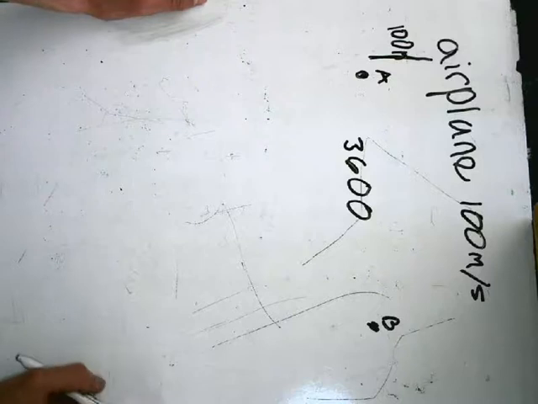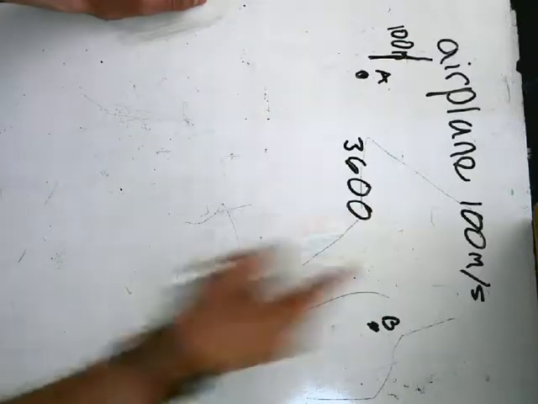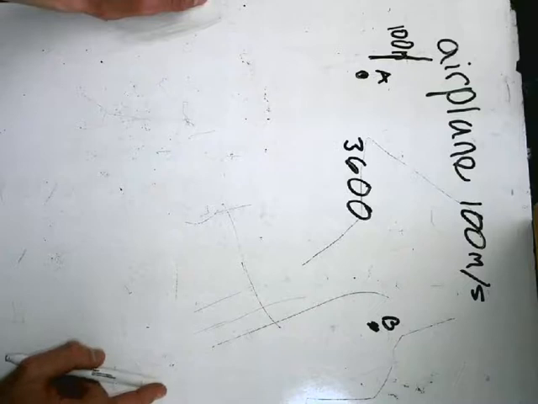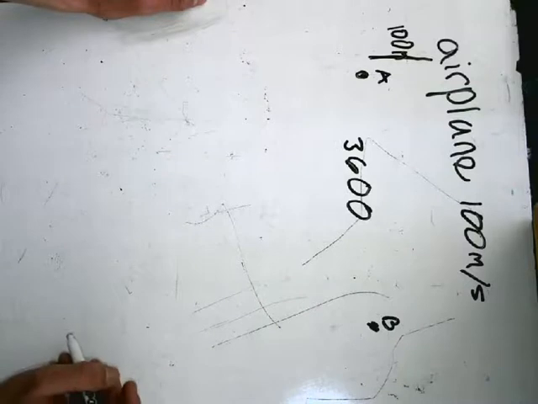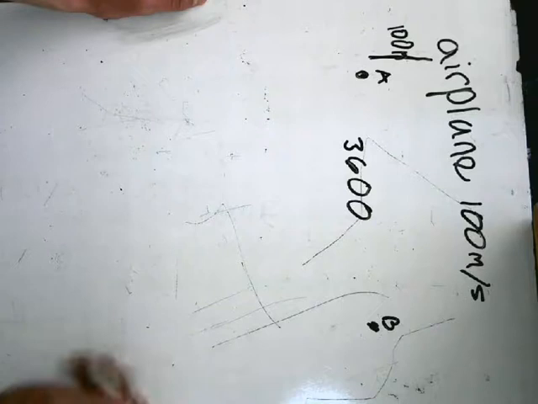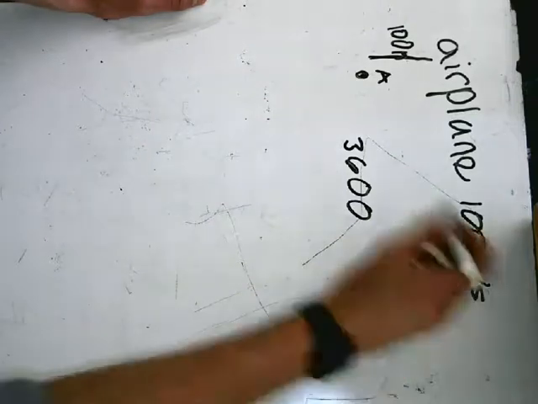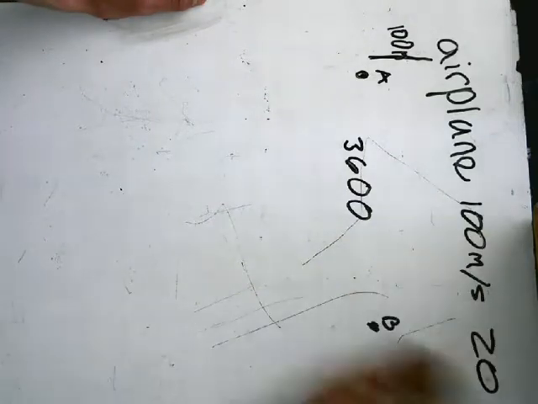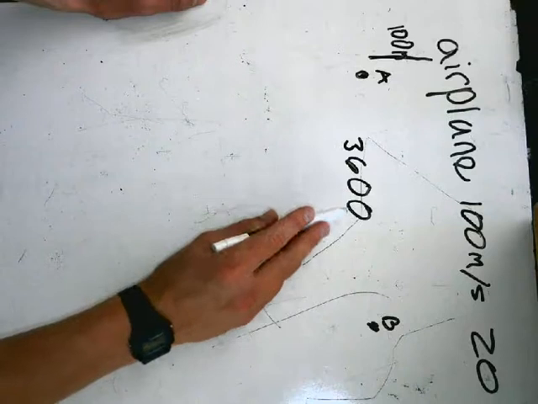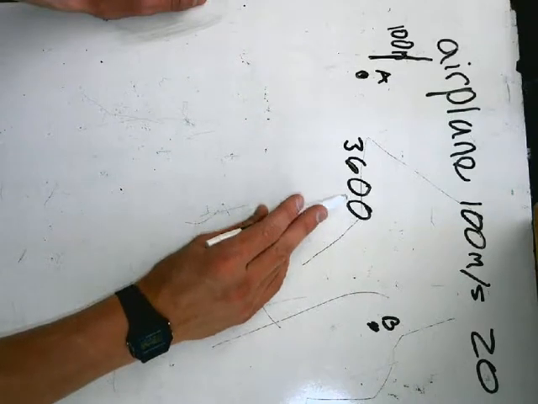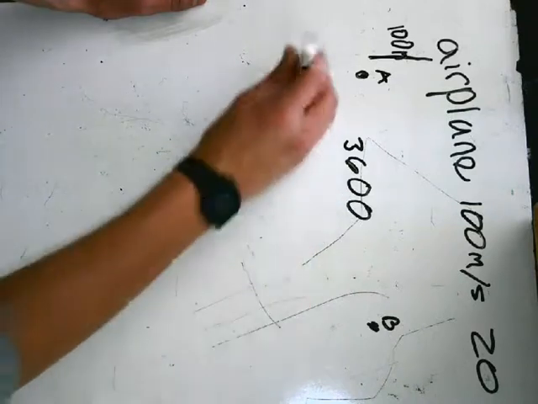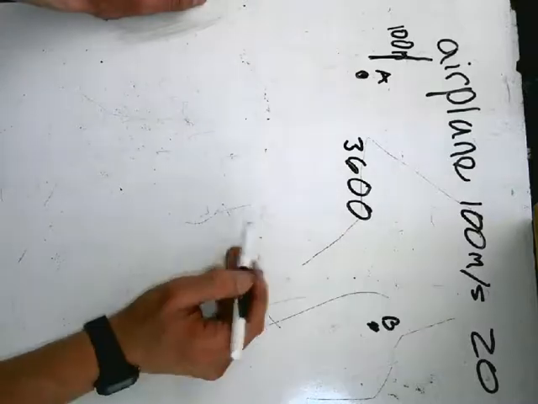So you got 36 seconds to deploy 20 parachutes. You're going to be deploying them every 1.8 seconds throughout this zone here. So the first part of your problem is to determine how evenly you have to drop each parachute.